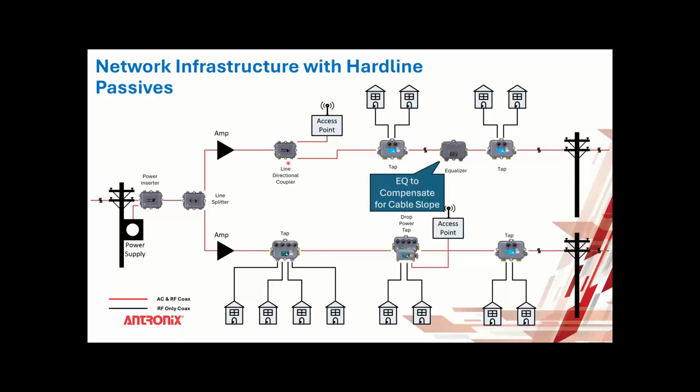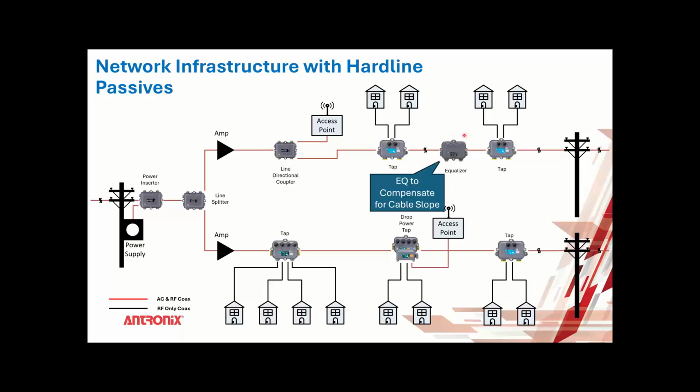And as signals go down a coaxial line, different frequencies attenuate differently. Higher frequencies have more attenuation down a coax. So as a signal travels down a length of coax, higher frequencies are attenuated more.